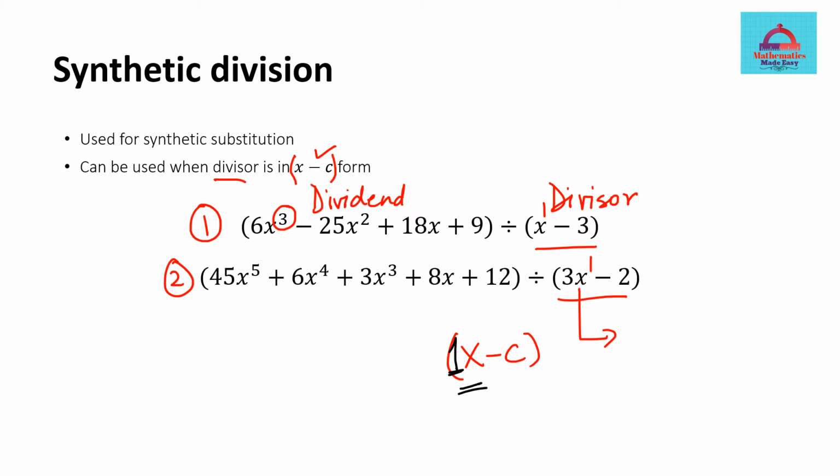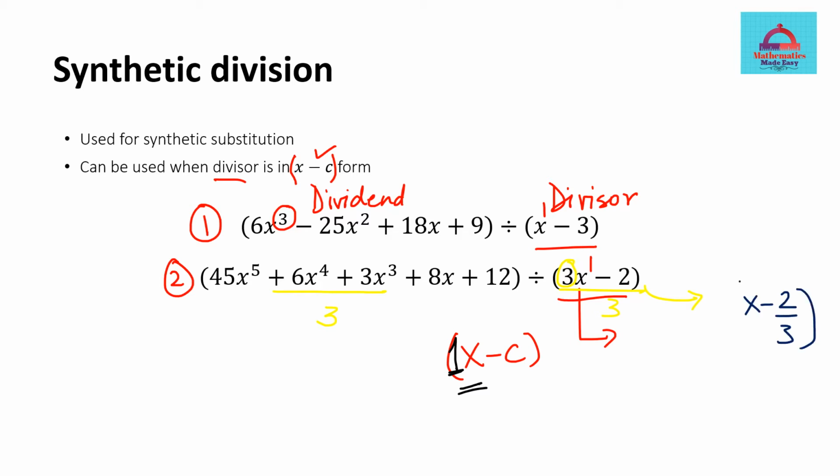In such a case, in order to make the coefficient 1, you will divide the dividend and the divisor with the coefficient of x here. So in this case, it will be 3. So you will divide the dividend also with 3 and the divisor also with 3, so that it comes to the form x minus 2 by 3.